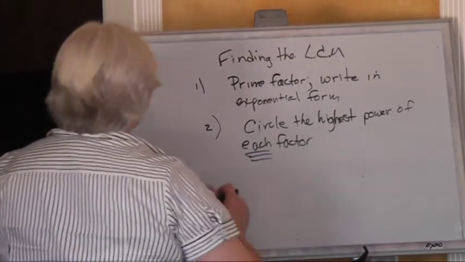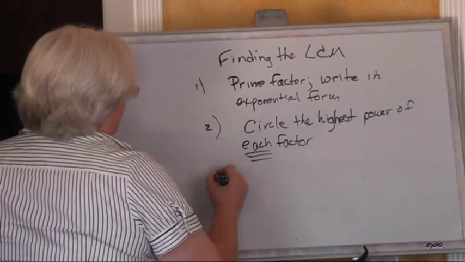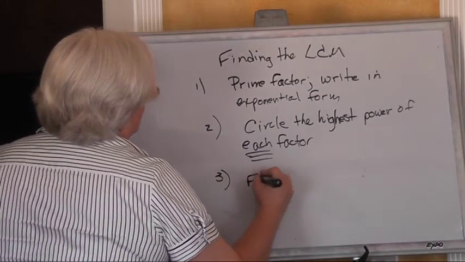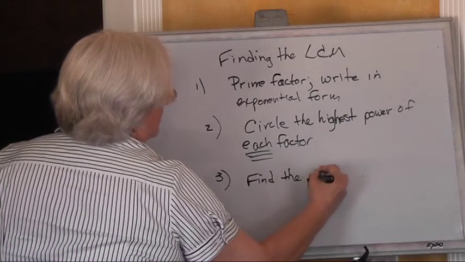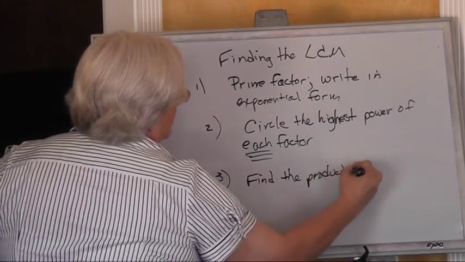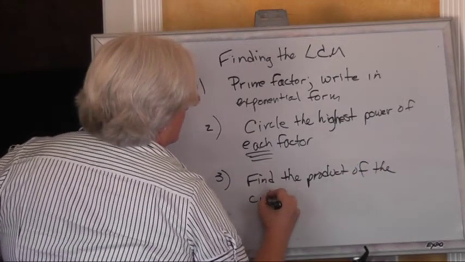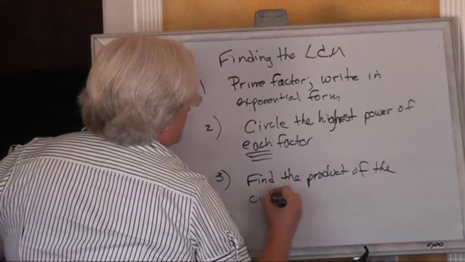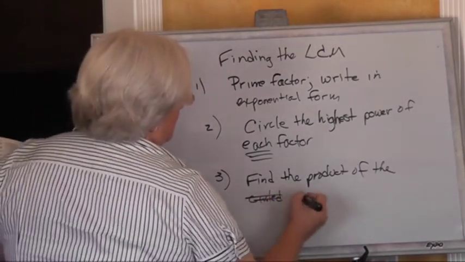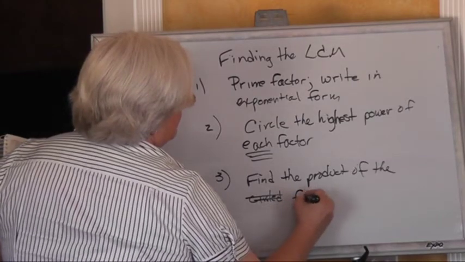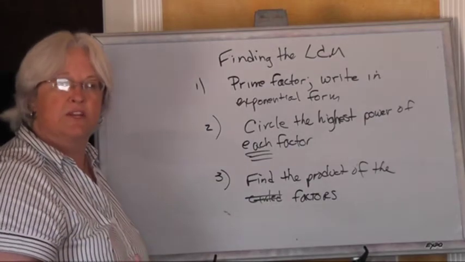So we circle the highest power of each factor, and then you find the product of all of the circled factors. In other words, multiply them all together. And that's the end of section 1.9.